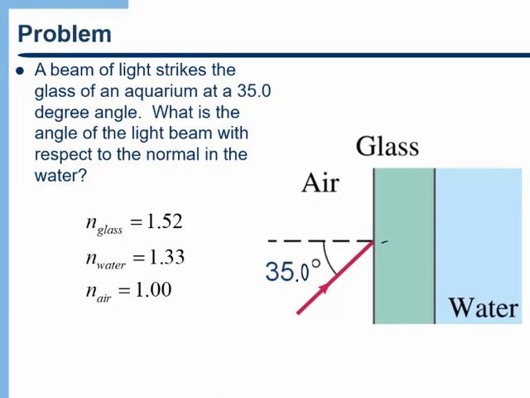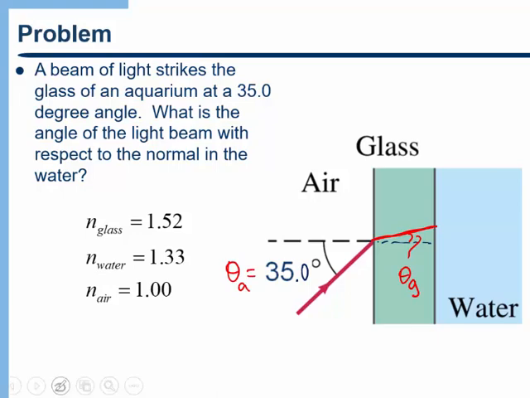And so let's first just trace out what's going to happen. When we go from air to glass, glass is a higher index of refraction, so the ray is going to be bent towards the normal, and I'm going to call this angle theta g. I'm going to call this angle theta a for the angle in the air.